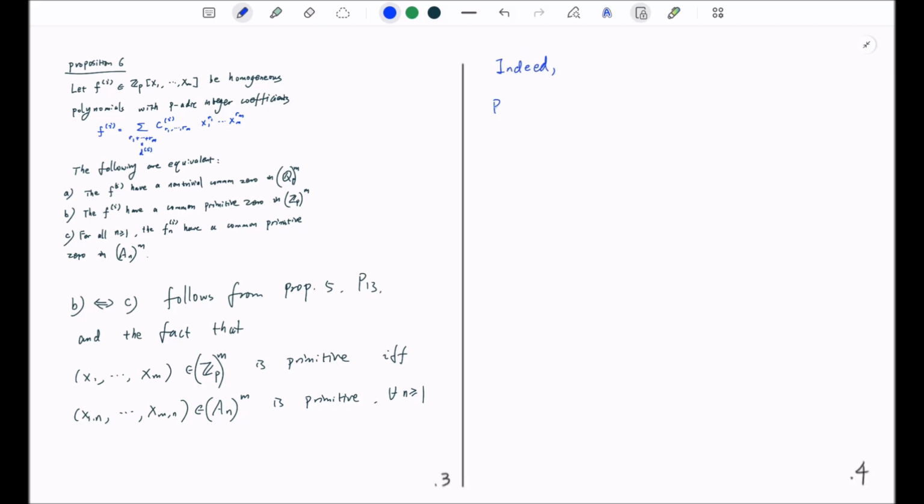Indeed, p divides x_i in Z_p if and only if p divides all components x_i^n in A_n for any n. And that justifies the equivalence between the primitivity conditions. Therefore, this verifies the equivalence between B and C, and therefore we have completed the whole proof.